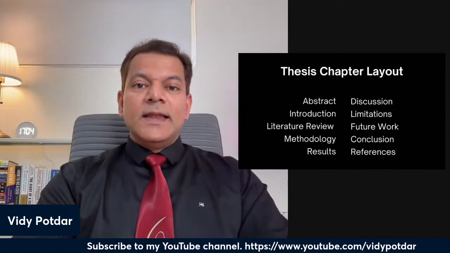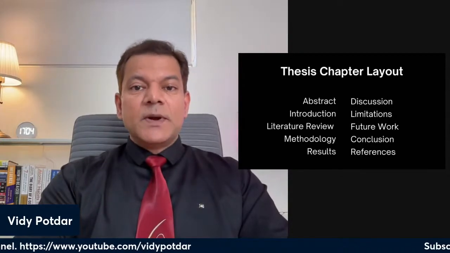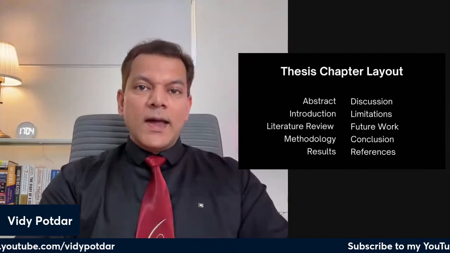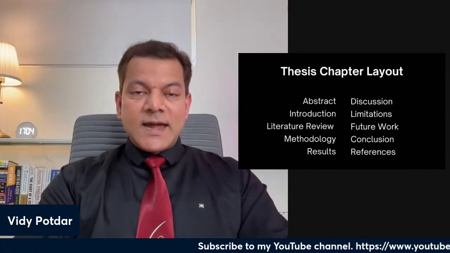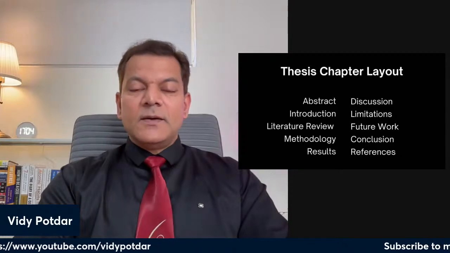The chapter names can change, the content of the chapters could change, but more or less this is what is required in a PhD thesis. So no matter how you name the chapters or the sections and subsections within the chapter, this is basically all that is required when you are drafting a thesis.